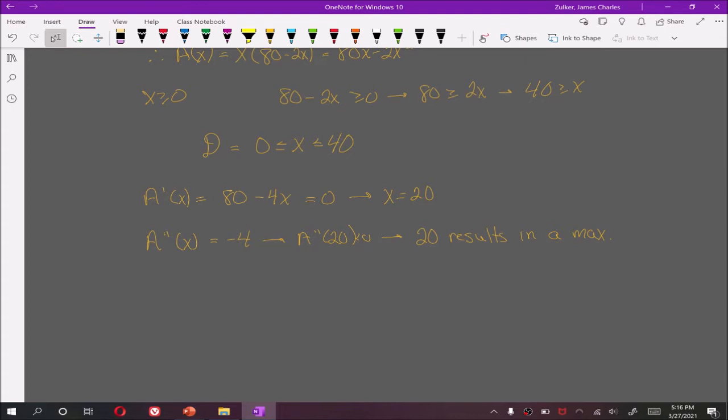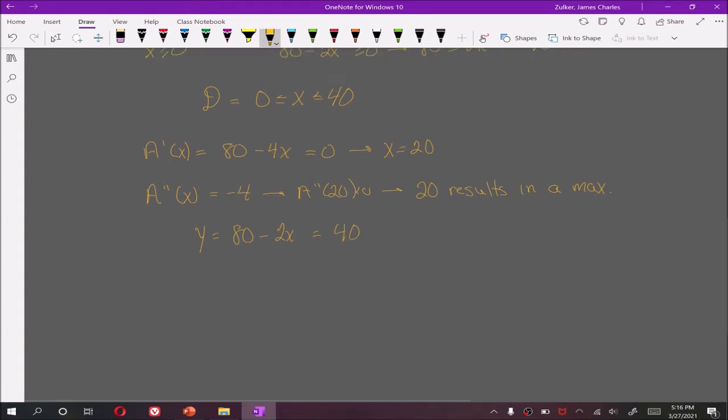This means that y, which was 80 minus 2x, is equal to 80 minus 40, which is 40.